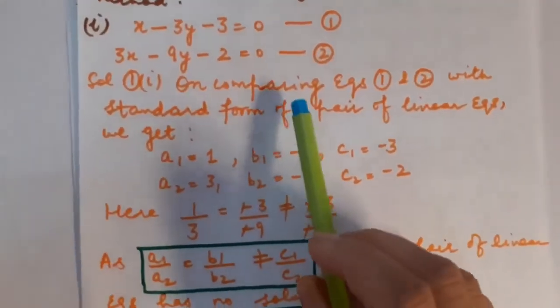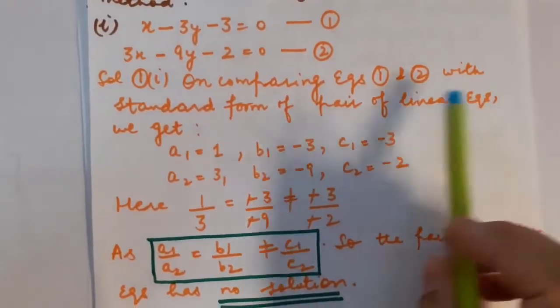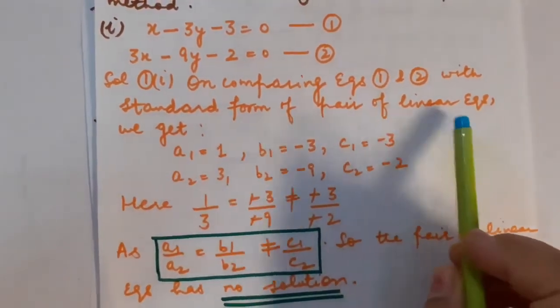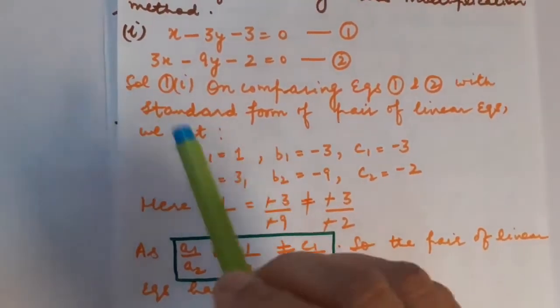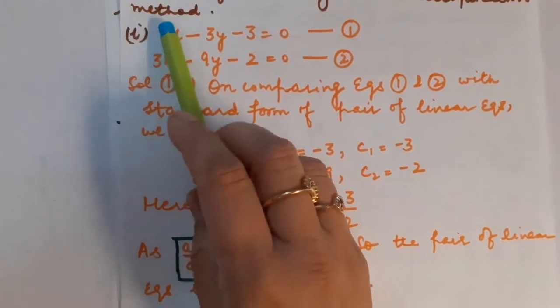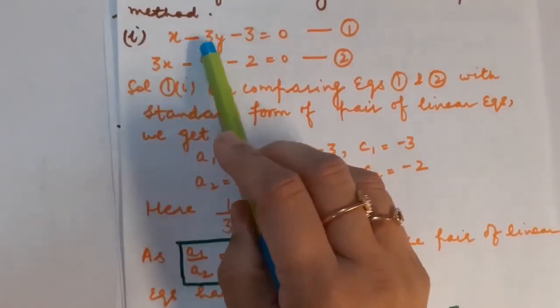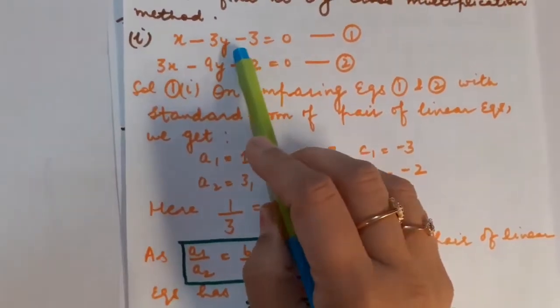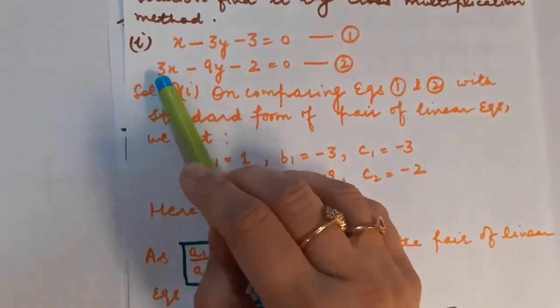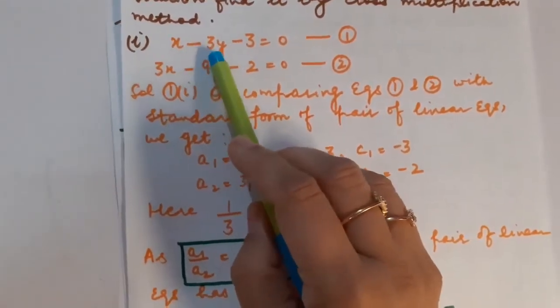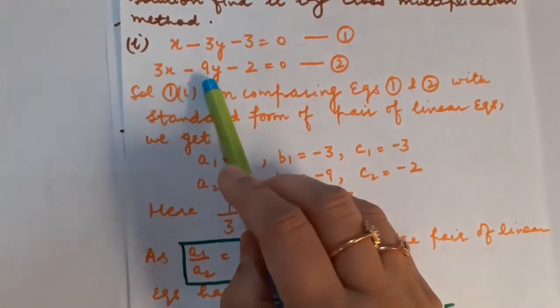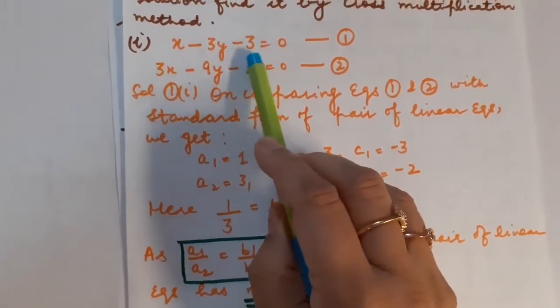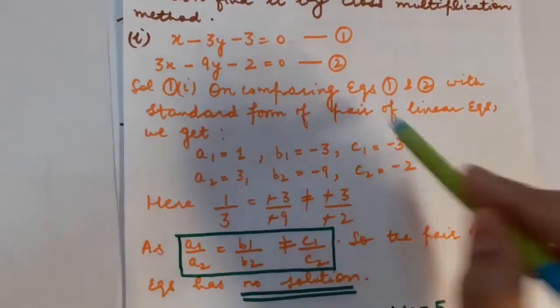For that I am going to compare equation number 1 as well as 2 with the standard form of a pair of linear equations. So after comparing, I have got a1 is equal to 1, a2 is equal to 3, b1 is equal to minus 3, b2 is equal to minus 9, c1 is equal to minus 3 and c2 is equal to minus 2.